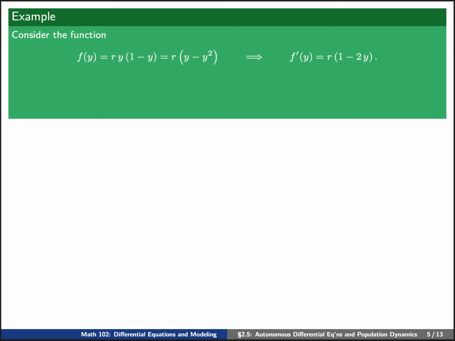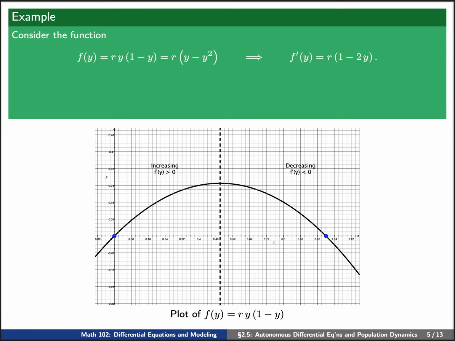Let's consider a function f of y equals a constant r times y times 1 minus y. We can consider the derivative here, f prime of y, to be r times 1 minus 2y. Assuming r is positive, we can now plot out our function and realize that as long as y is less than 1/2, then f prime of y is positive, and therefore we have an increasing function.